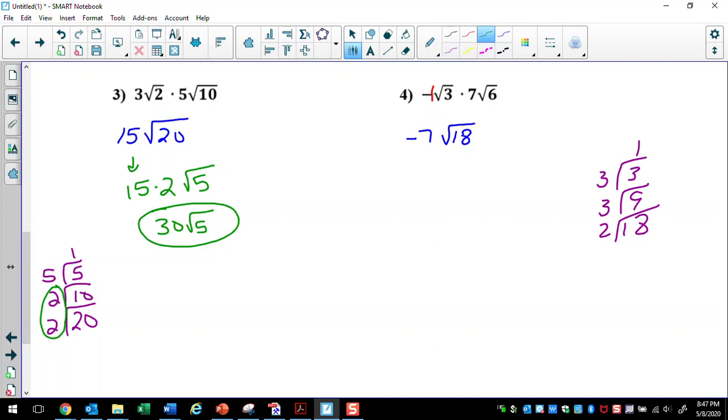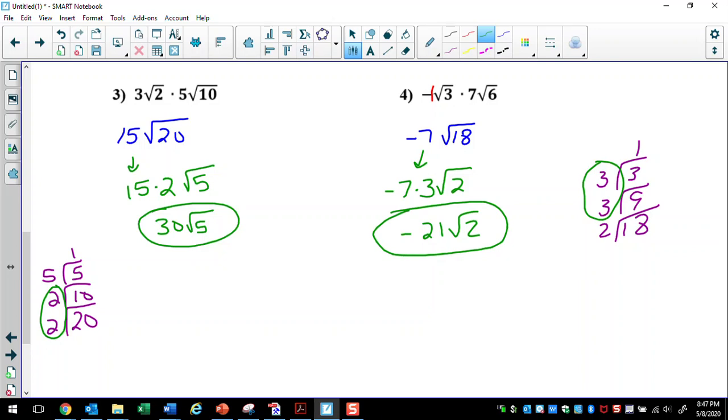Look for my pairs, and 3's. So I'm going to bring down that negative 7 times the 3 to represent my pair of 3's, and then I just have the 2 left over. So I get negative 21 radical 2.